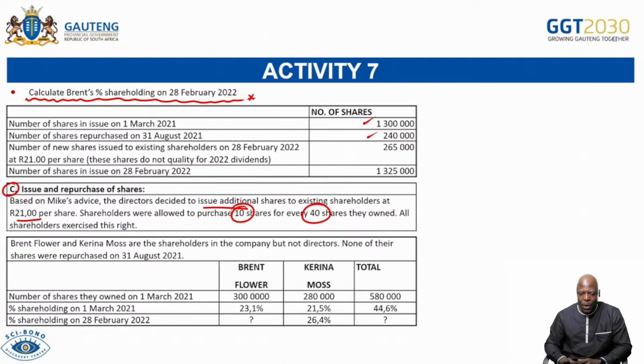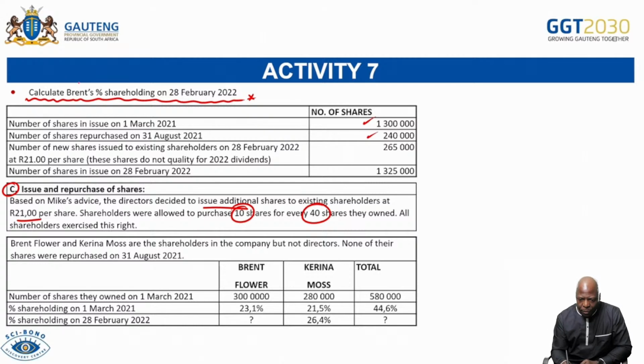So we now want to know Brent's shareholding as of 28 February. Brent and Flower are shareholders of the company, but not directors. None of their shares were repurchased.